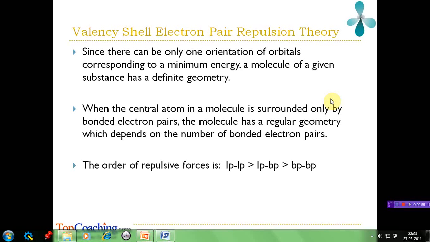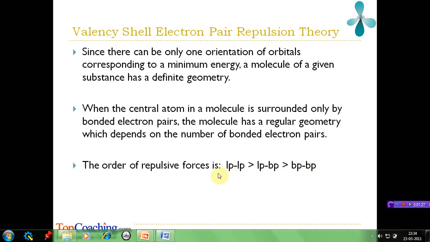Three types of unequal repulsive forces are found in such molecules: the repulsive force between lone pair and lone pair, repulsion between lone pair and bond pair, and the repulsion between bond pair and bond pair. Now, as per the valence shell electron pair repulsion theory, the order of repulsive forces is lone pair-lone pair, followed by lone pair-bond pair, which is followed by bond pair-bond pair repulsion.